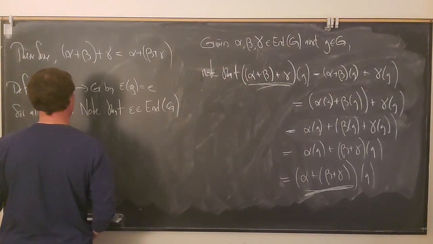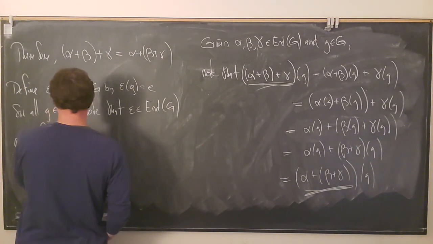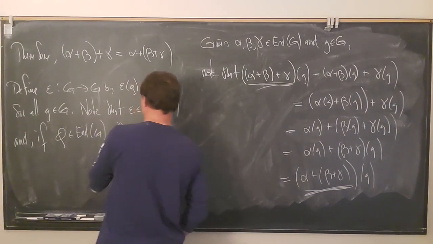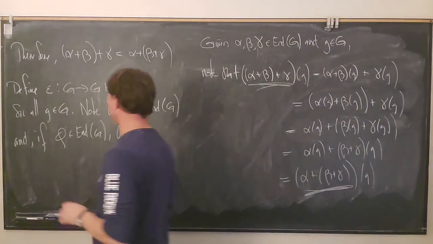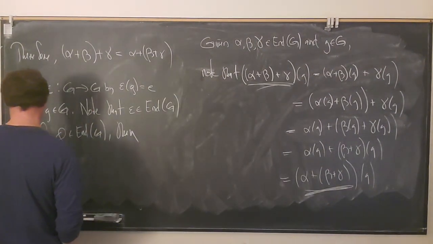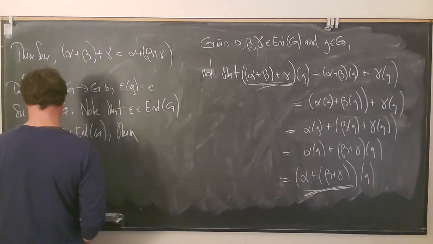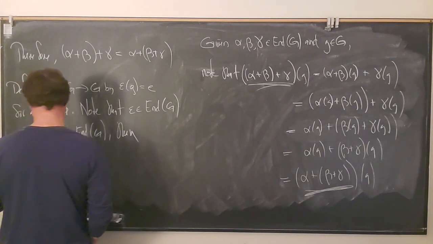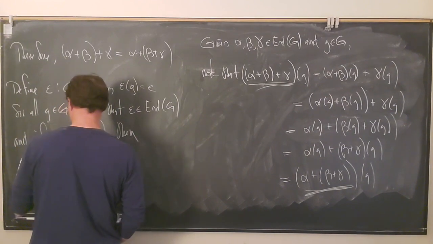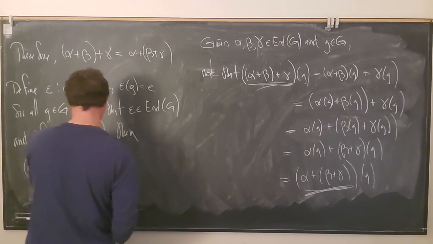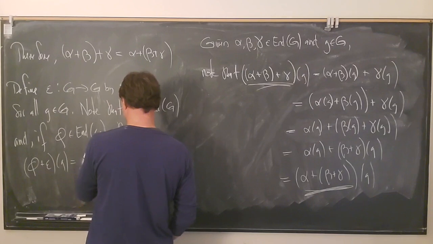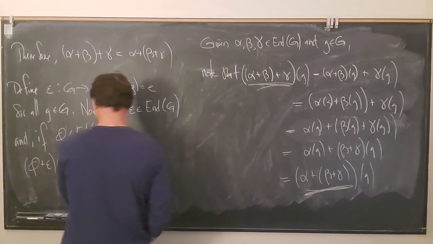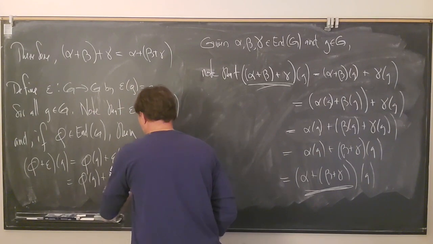If, let's say, phi is an element of End G, then phi plus epsilon applied to little g is equal to phi of g plus epsilon of g, which equals phi of g plus little e, which equals phi of g.